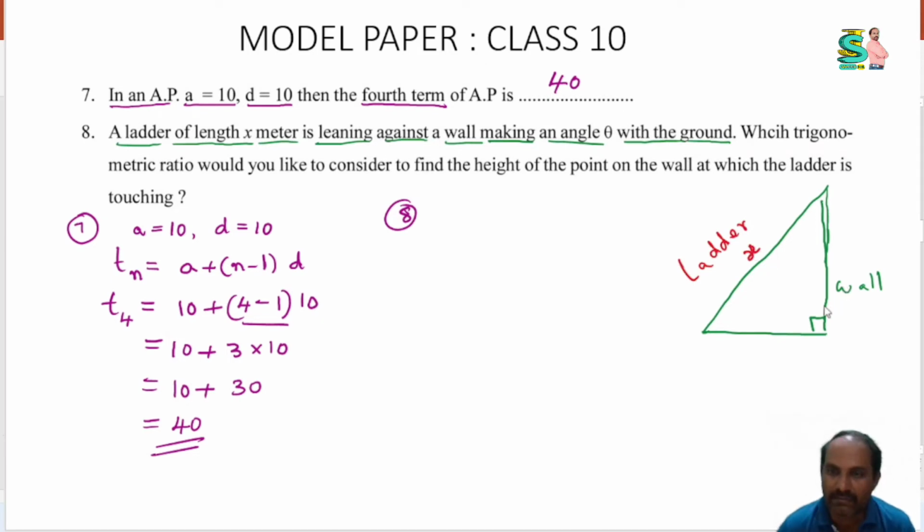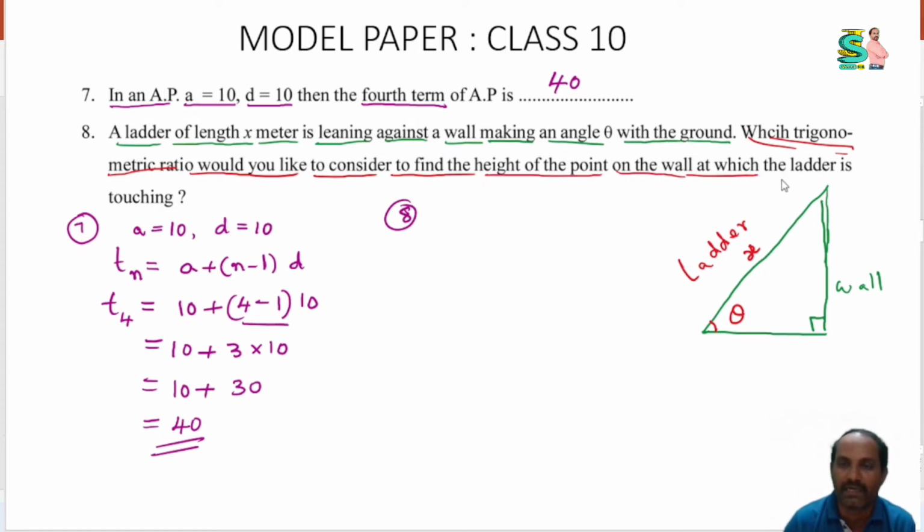Next, the angle is theta, given as theta degrees. Which trigonometric ratio would you like to consider to find the height of the point on the wall at which the ladder is touching? Here the ladder is touching at the upper side.